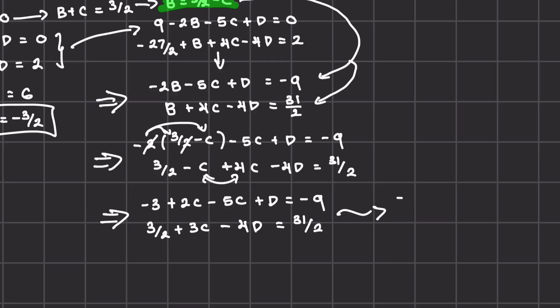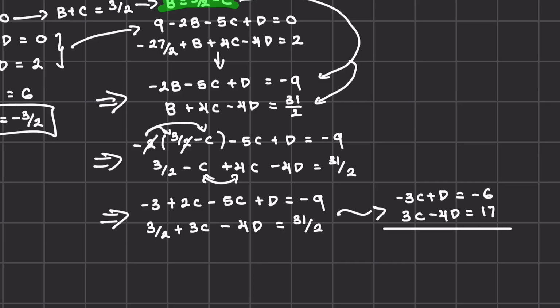So we have -3c plus d equals -6. For the second equation there, we add 3/2 to both sides. So we have 3c minus 4d equals 34/2, which is also equivalent to 17, right? 34 divided by 2. Now we have all of that.